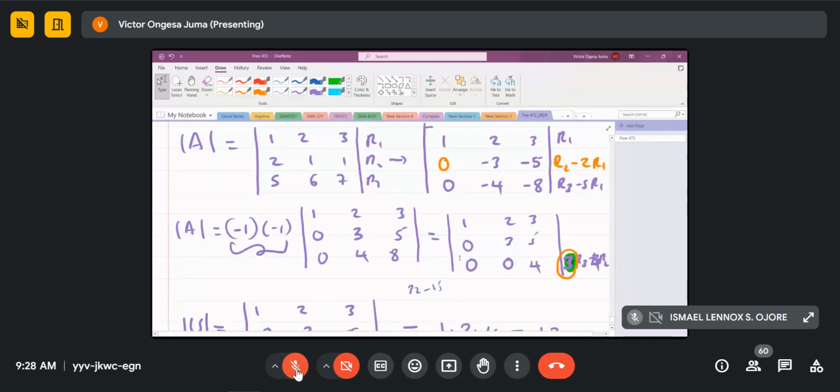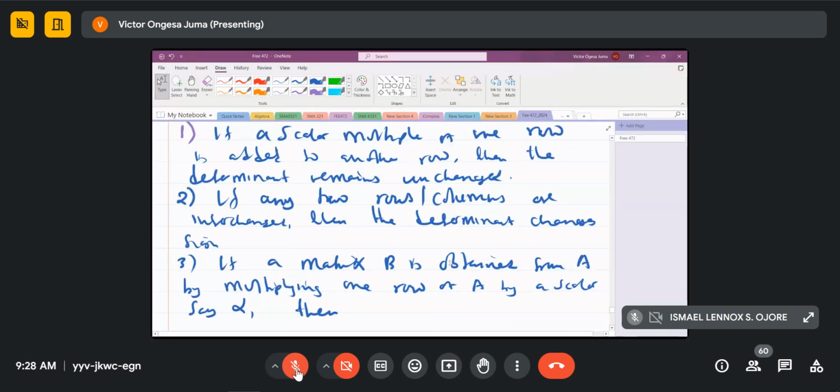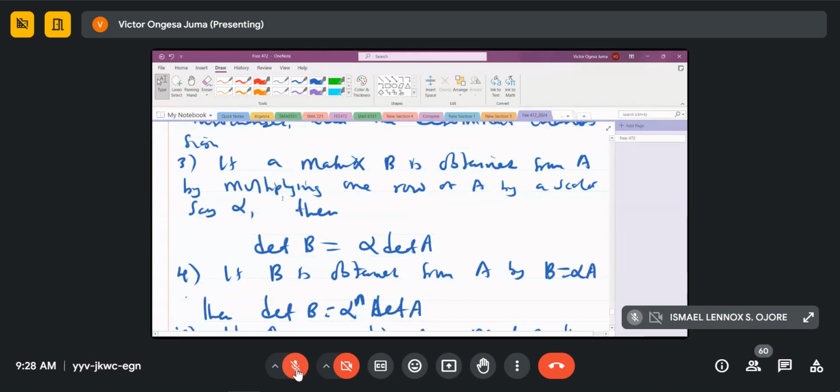The key property where most people make a mistake is this part. If you do a row reduction and you multiply the row you are eliminating by anything, then for you to get the original determinant, you have to divide by whatever you multiplied with.